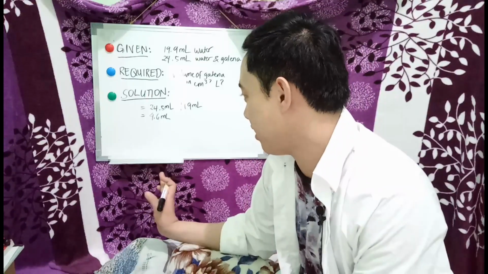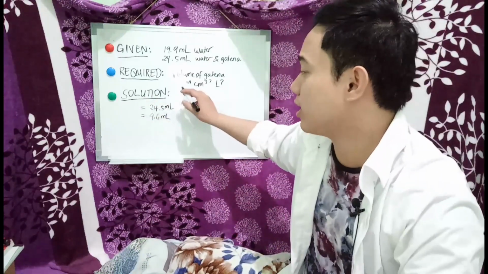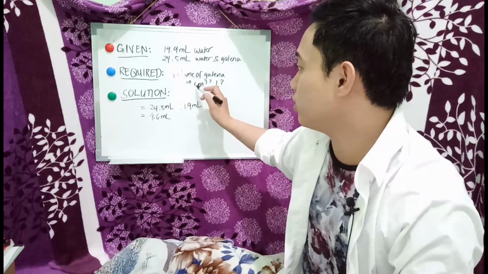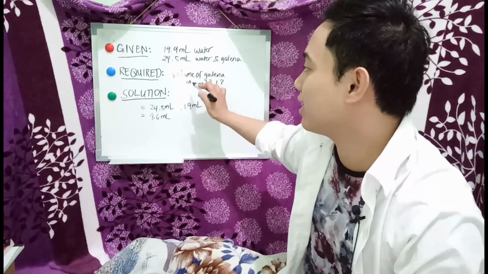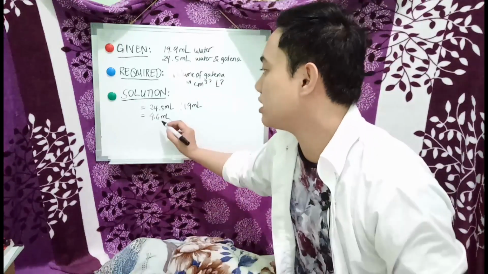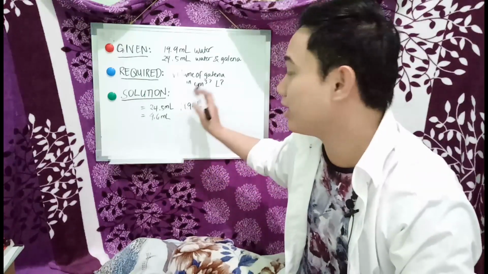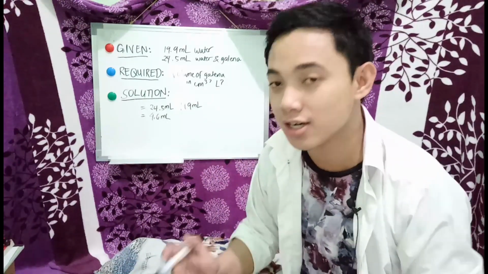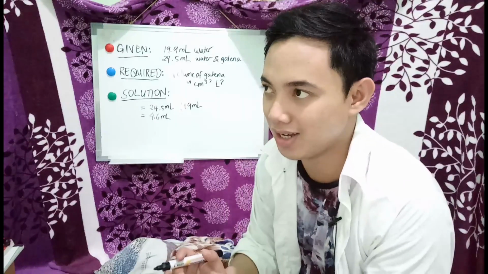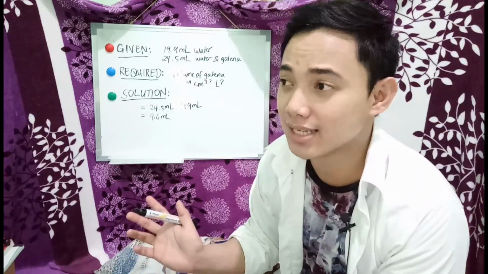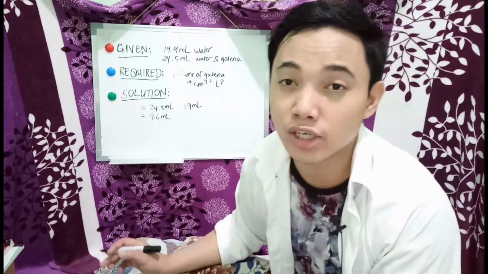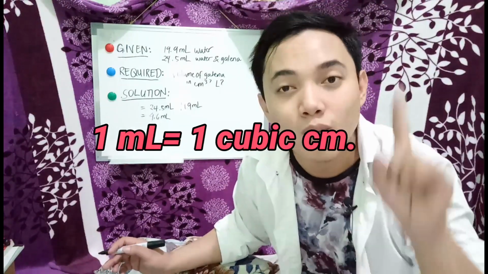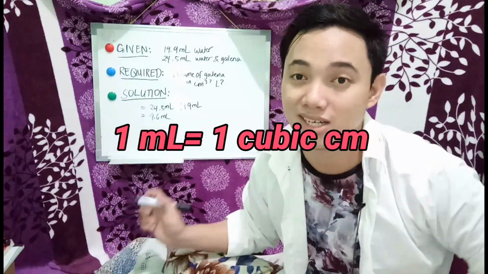4.6 ml. Ngayon, hinahanap dito sa nire-required is yung volume of galena in centimeter cube. So, since 4.6 ml siya, i-convert natin siya into centimeter cube, kailangan natin ng conversion factor. Madali lang naman to. Kasi, in 1 centimeter cube, equivalent niya is 1 ml. Or 1 ml is equivalent to 1 centimeter cube.